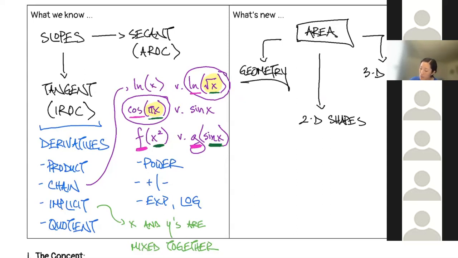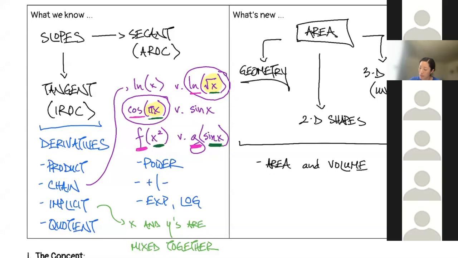And the 3-dimensional piece is really going to come into play in unit 5. Okay. So we're going to take a look at some geometry. We're going to take a look at some 2-dimensional and 3-dimensional shapes. And then for sort of all of these, we're going to learn how to find area and volume of different shapes. Okay.